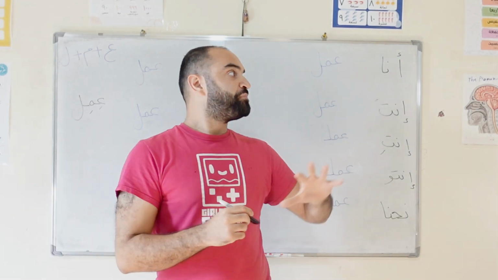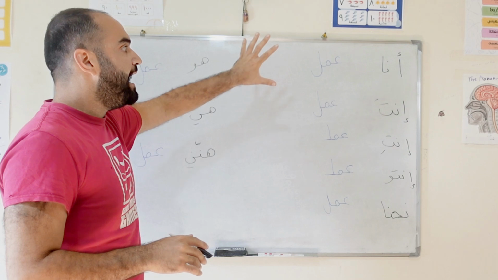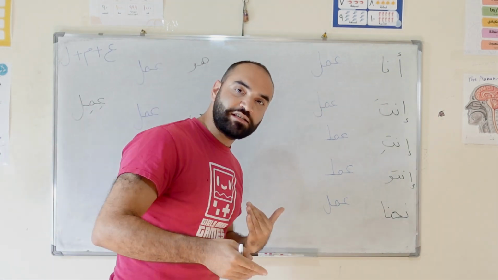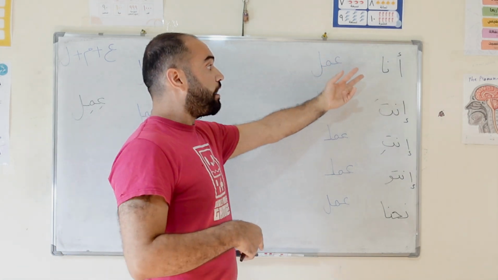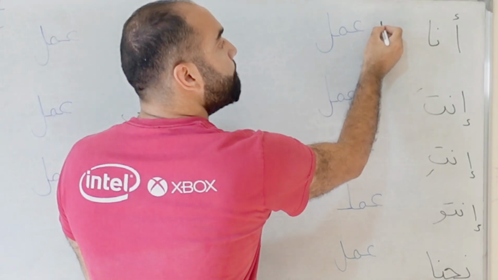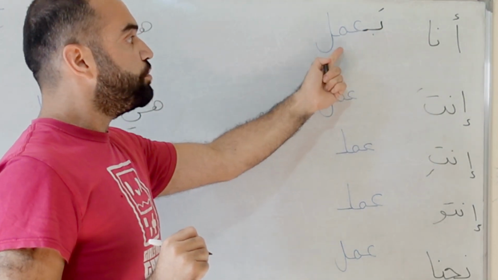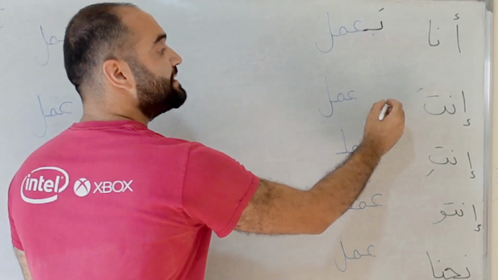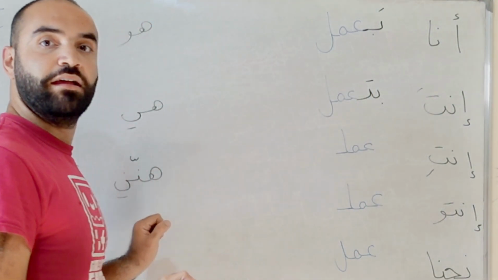So we take this one عمل and we put it here with the personal pronoun, and now we add the prefix or the suffix or maybe both. Let's try. أنا بعمل. You see we have the root already. أنا بعمل. أنت بتعمل.